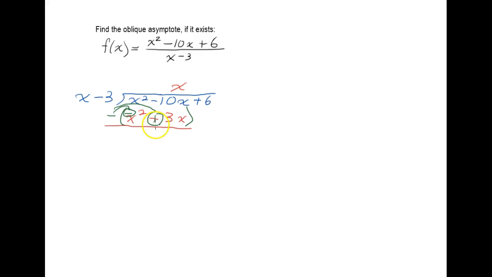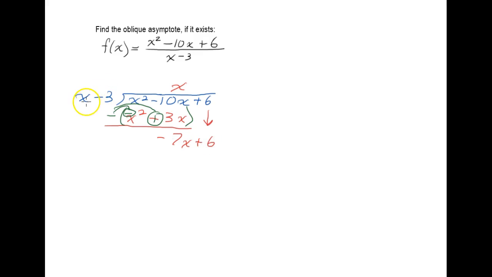So now I know I've changed that. I've distributed that negative sign, which has us subtracting all of what's in red here. So x squared minus x squared is 0. Negative 10x and positive 3x gives you negative 7x. Next one, drop the 6 down, just like in long division.